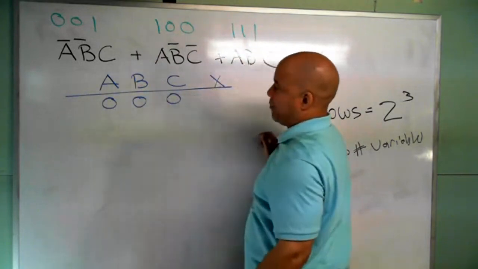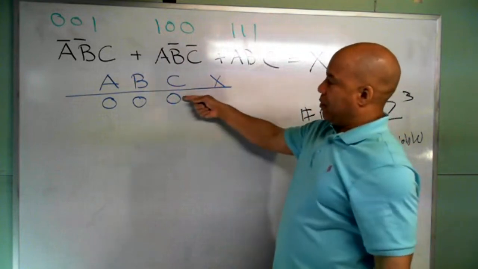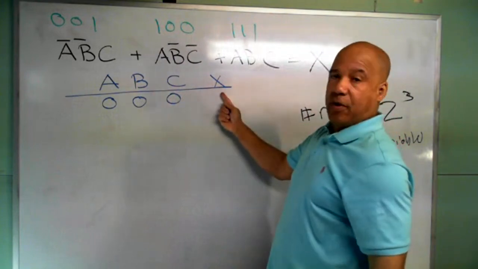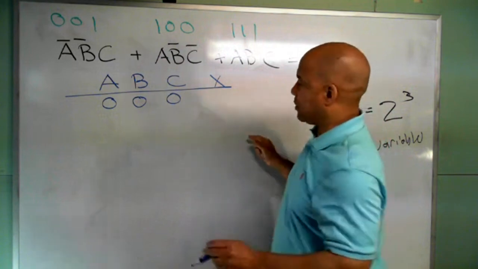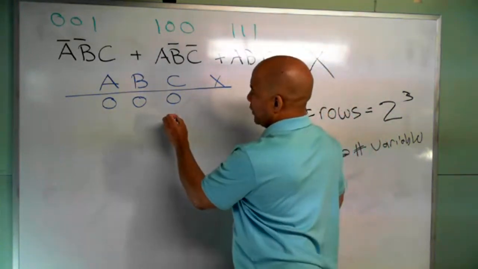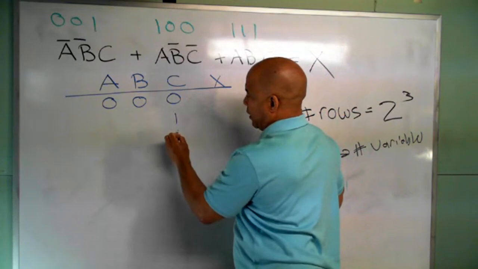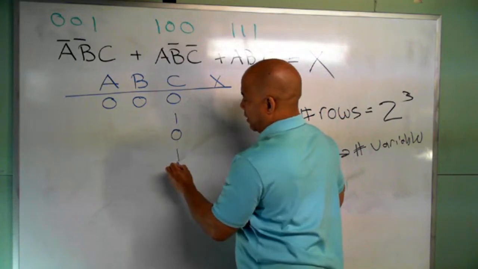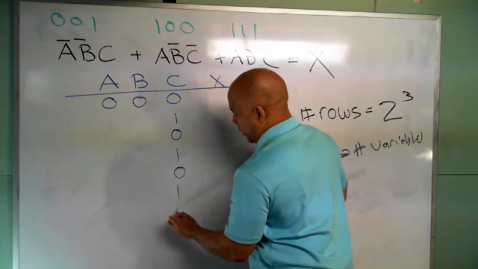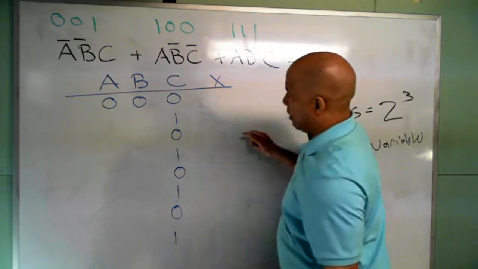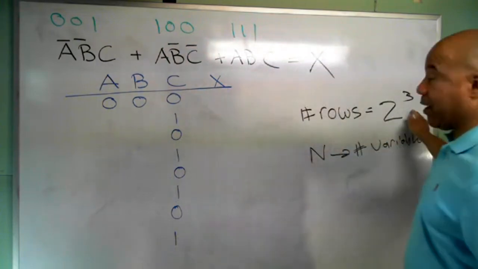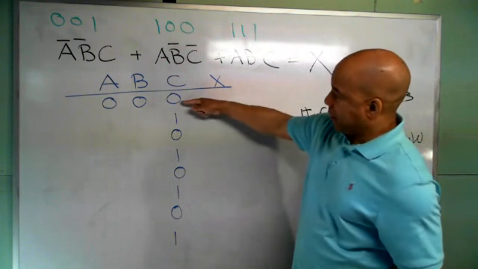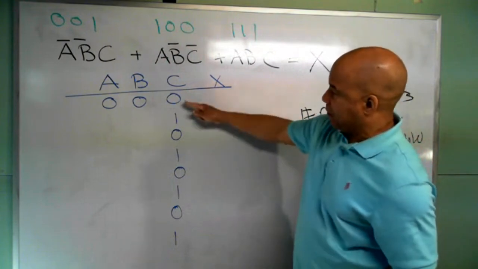The column closest to my output variable, I'll alternate every other bit for the 8 rows. So I got 0, 1, 0, 1, 0, 1, 0, 1. 1, 2, 3, 4, 5, 6, 7, 8. I got 8 rows. So I alternate every bit, 0, 1, 0, 1 for the first one.